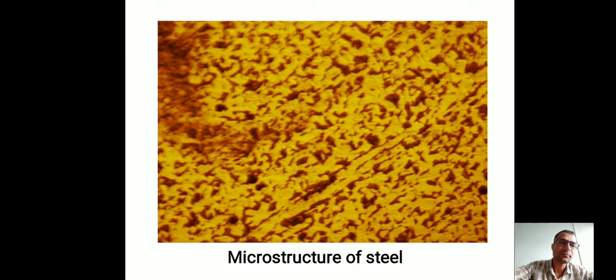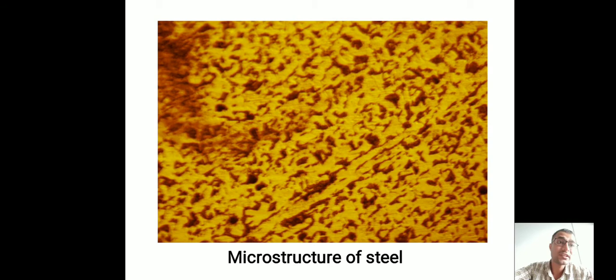In front of us is the microstructure of steel, which we observed in our practical under an optical microscope with the magnifying lens of 25x. Correct? So this microstructure of steel consists of different phases.